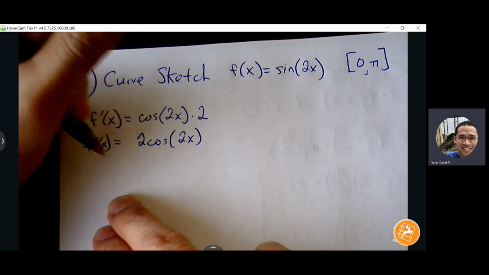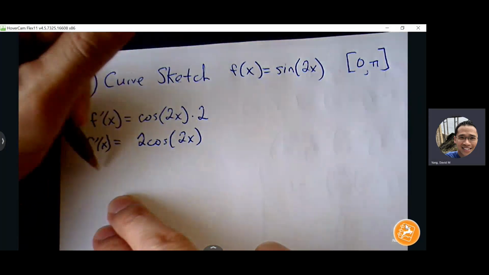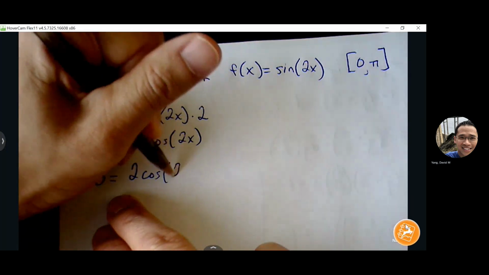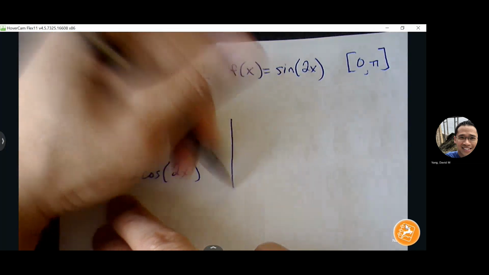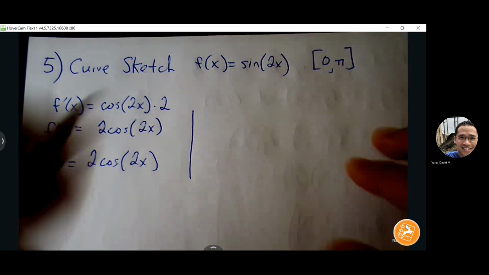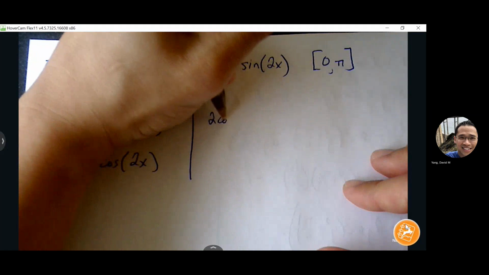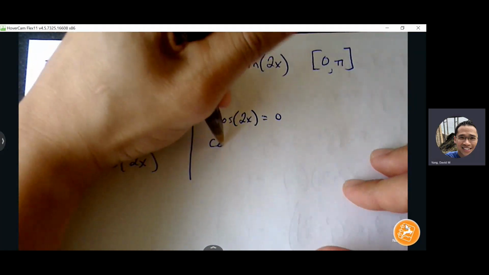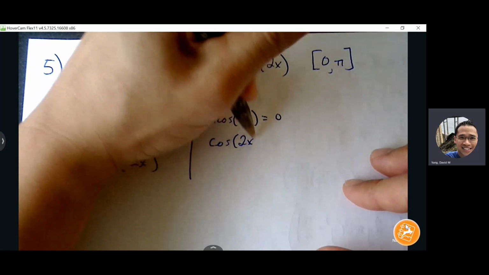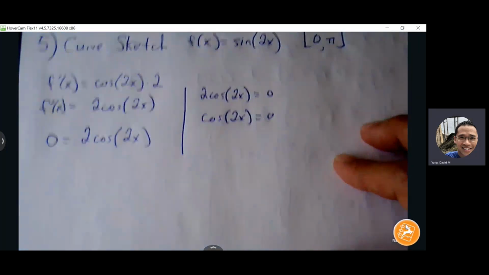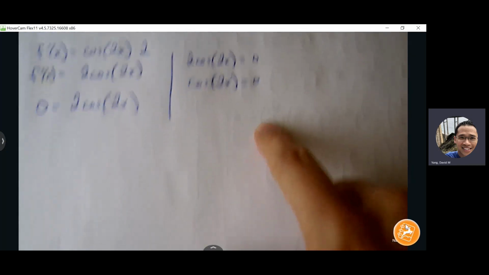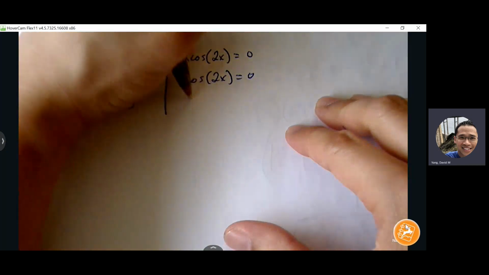Okay, we're going to set this equal to 0 to find our critical points. Divide by 2. Left with cosine 2x equals 0. We don't want to deal with any identities here. We just use our inverse trig to help us get to our solutions here.